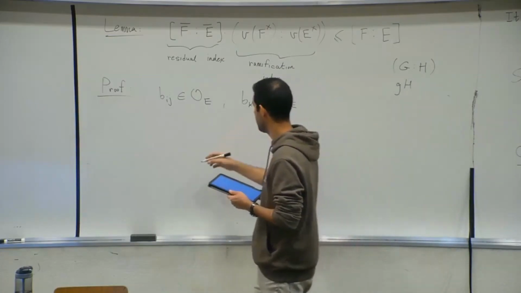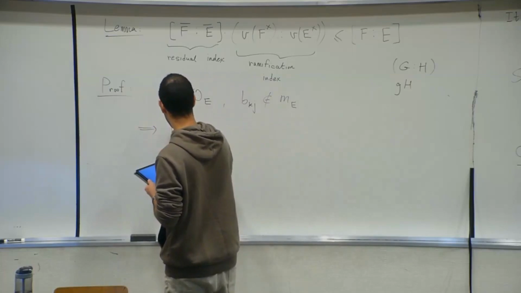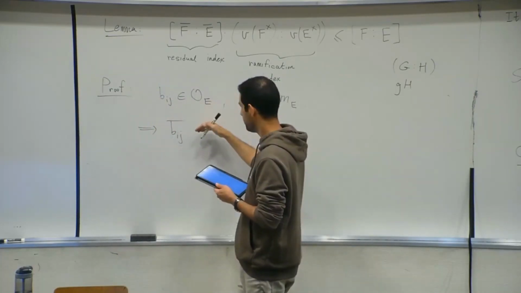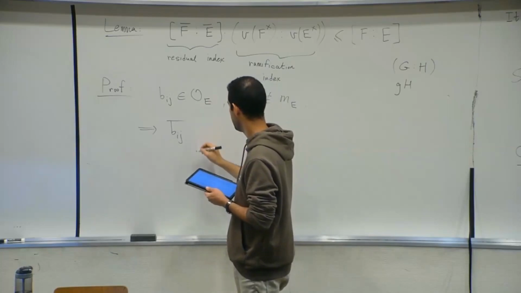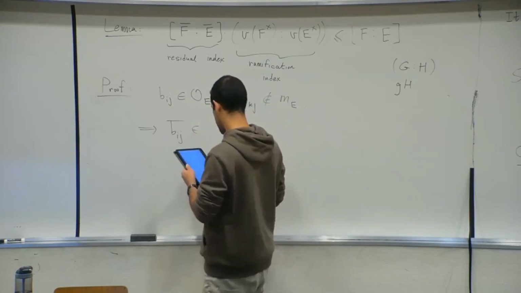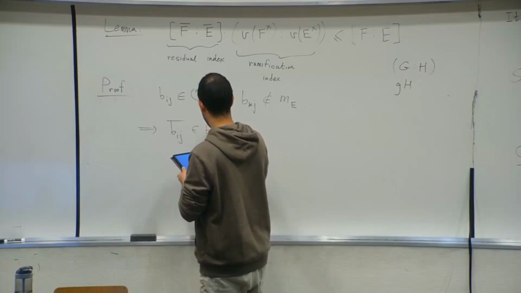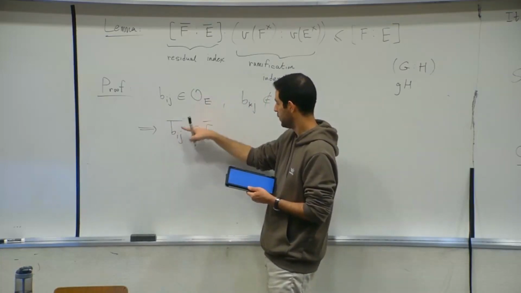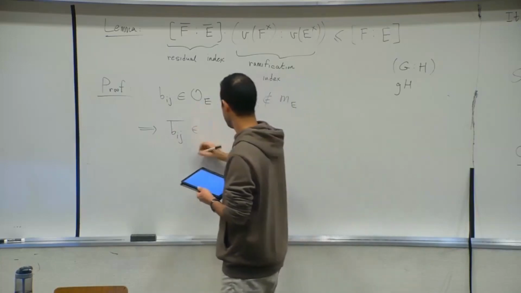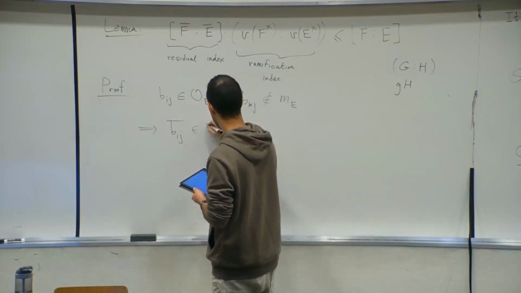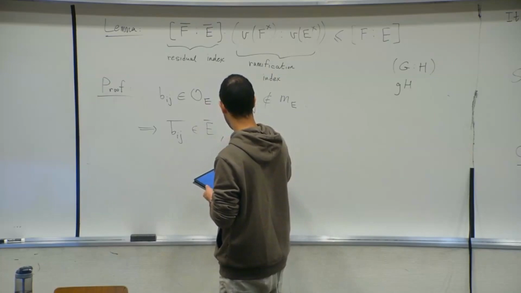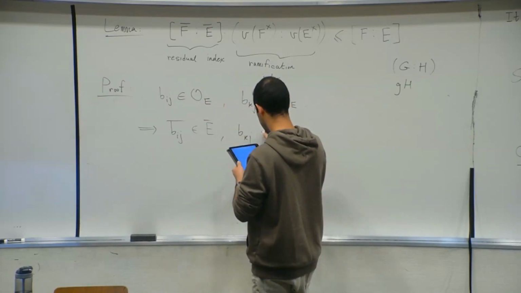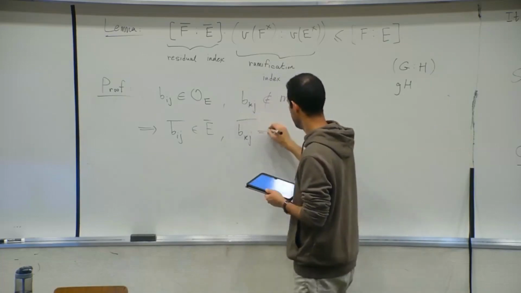So what can we say if we go mod ME? If it's in the valuation ring, then mod ME it's in E bar, and the bkj bar is non-zero.